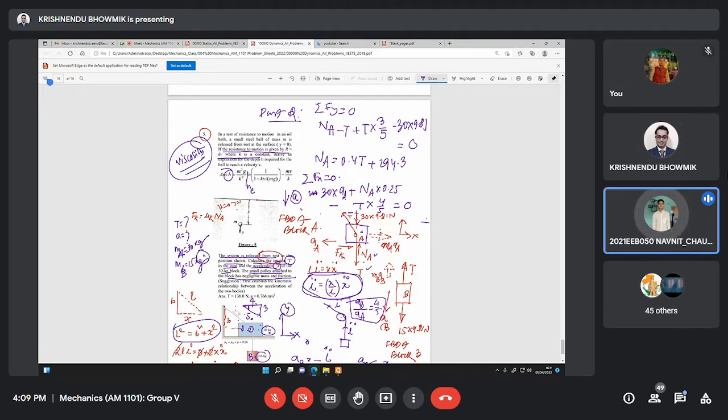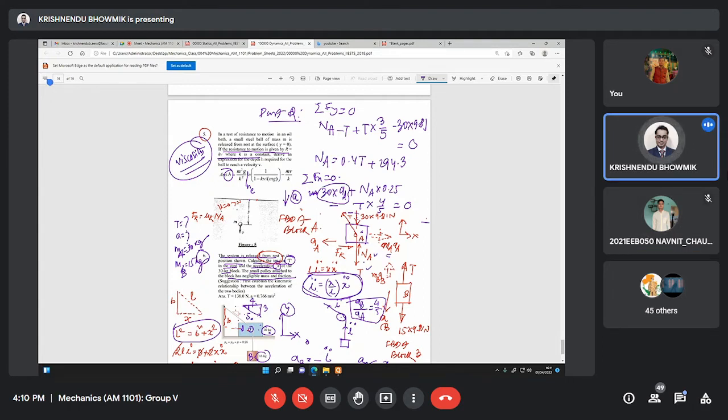Acceleration is not 0 in the x direction? No, that is 0, I have already considered this. Whether you use dynamic equilibrium, then on the left side is the normal one, and on the right side is due to accelerations, one is Fk, other is the T component. That's all. This equals 0.